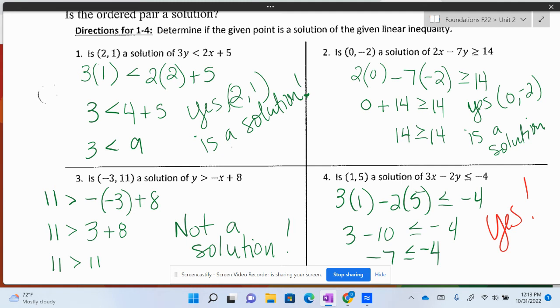So add 3 and 8. Okay, so it's 11 and 3. Good job. Yes, go ahead and put it up there.